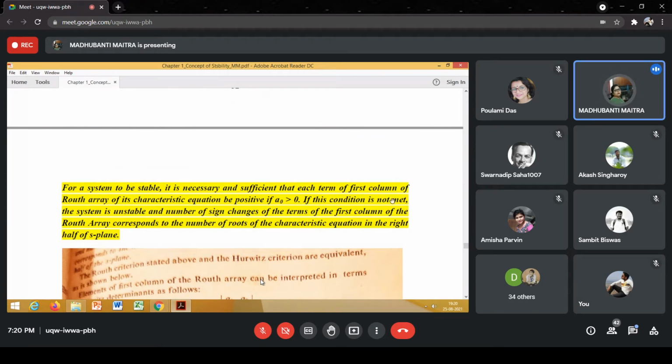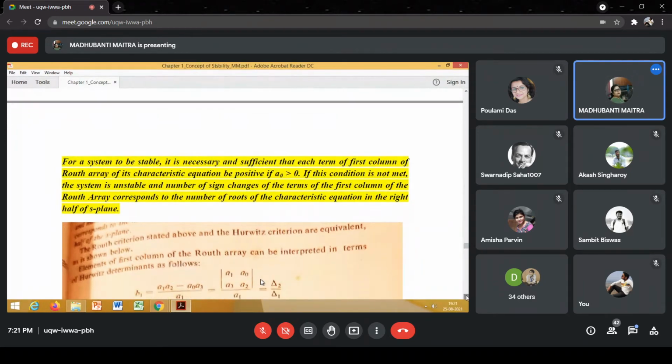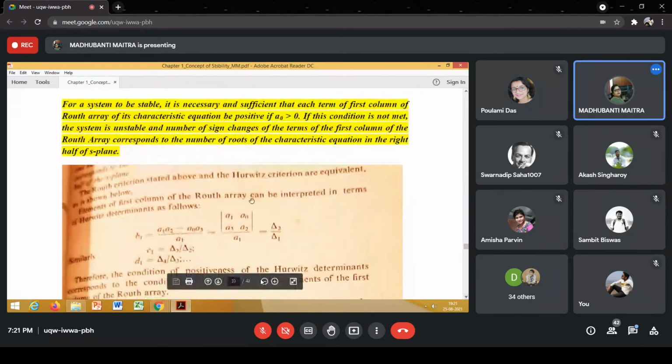If this condition is not met, the system is unstable and the number of sign changes of the terms of the first column of Routh array corresponds to the number of roots of the characteristic equation in the right half of the s-plane. So this is Routh stability criterion. If you are asked to state Routh stability criterion, then you have to state the complete criterion. I'll come to this part after I discuss Hurwitz stability criterion.